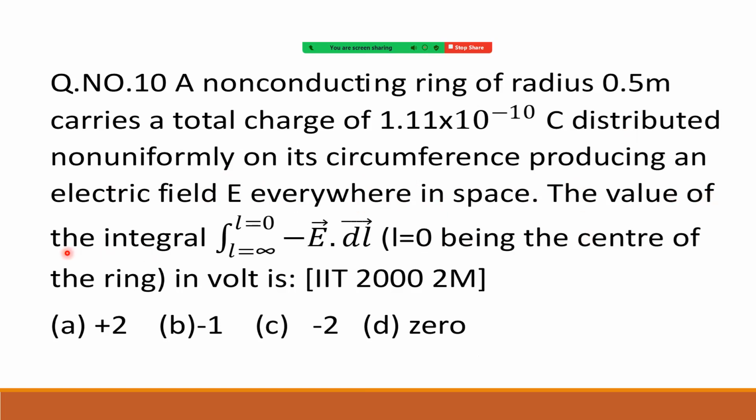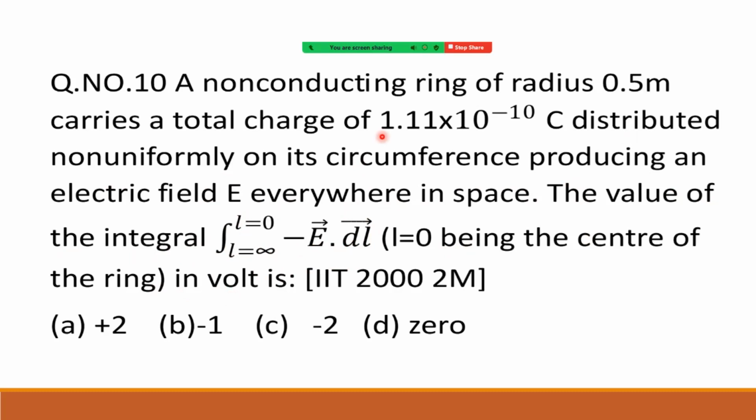The value of the integral from infinity to 0 of minus E bar dot dl bar, where 0 is the center of the ring. So we have to calculate this value in volts.